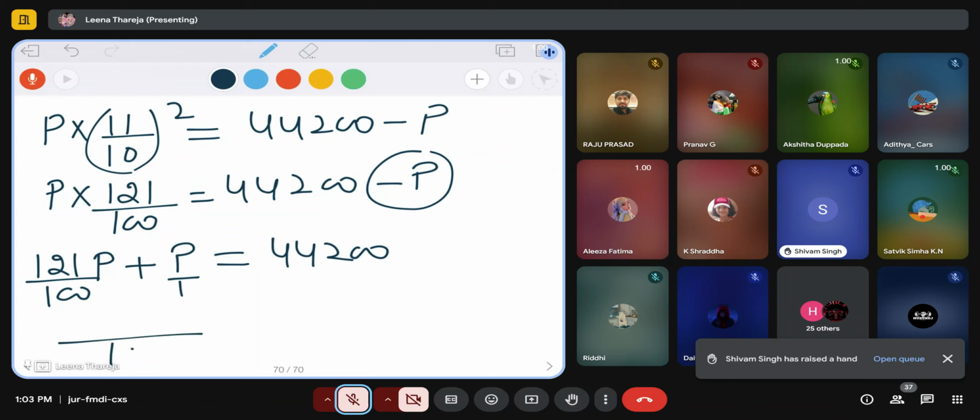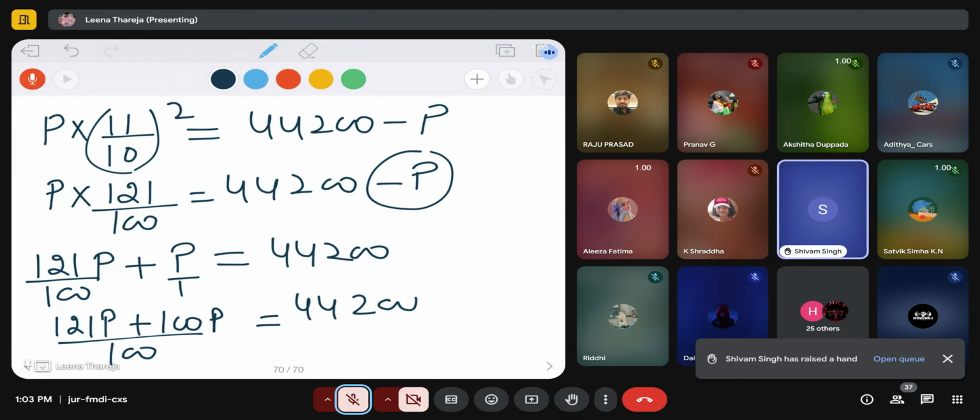Now LCM will be 100. It is 44,200. This part is clear where I have taken the LCM. Yes, ma'am.